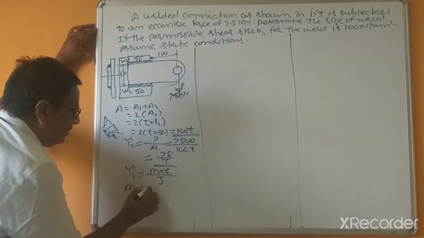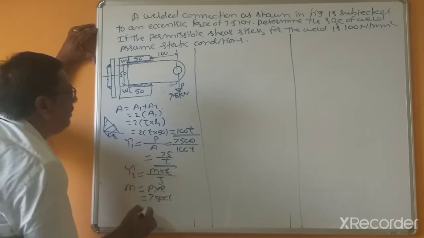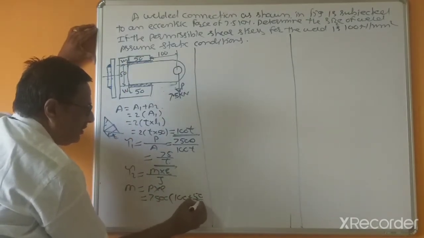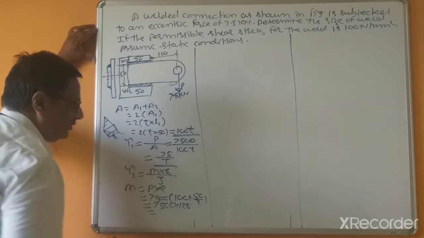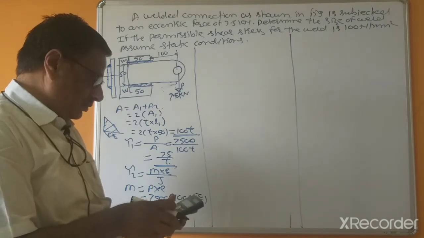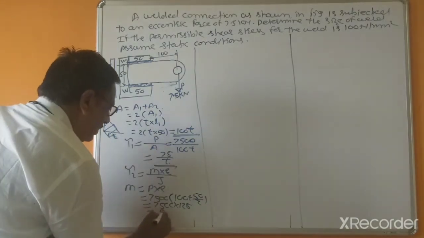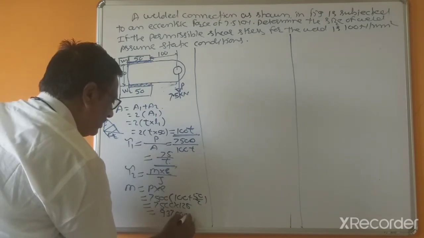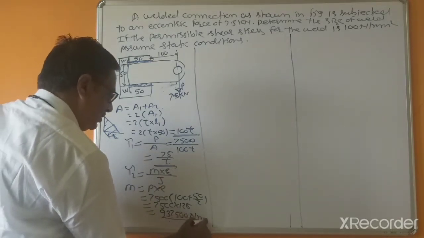M equal to P into E. E equals 100 plus 50 divided by 2, that is 125. So M equals 9,37,500 Newton mm.